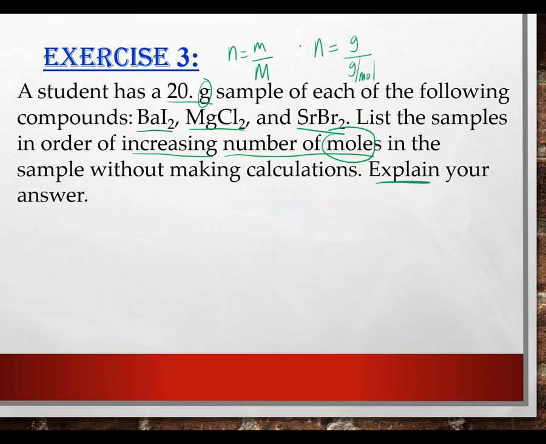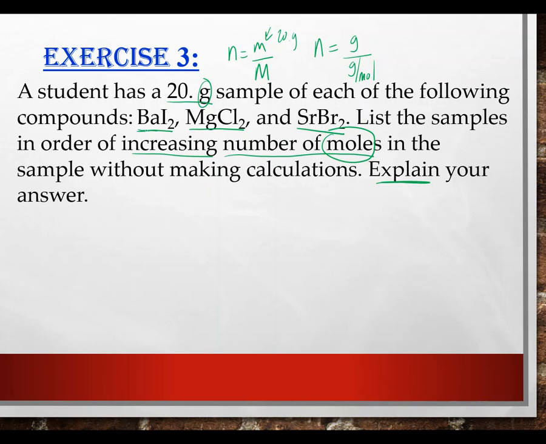So we'll be referencing this equation to explain our answer, and that's kind of what they wanted you to do here. Now, of course, before we can continue, we know that the grams, or the top number, is going to be 20 for each of them. But we want to look at the relationship between the other two numbers, the moles and the molar mass.